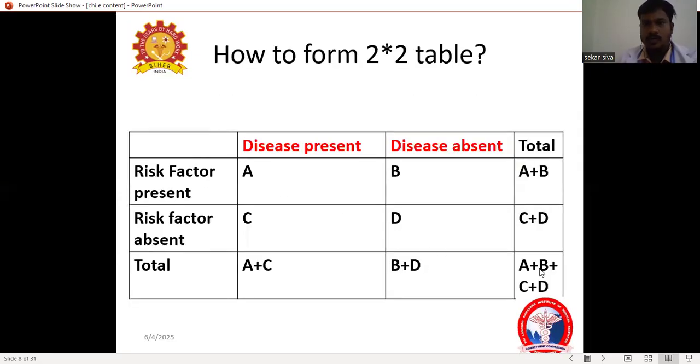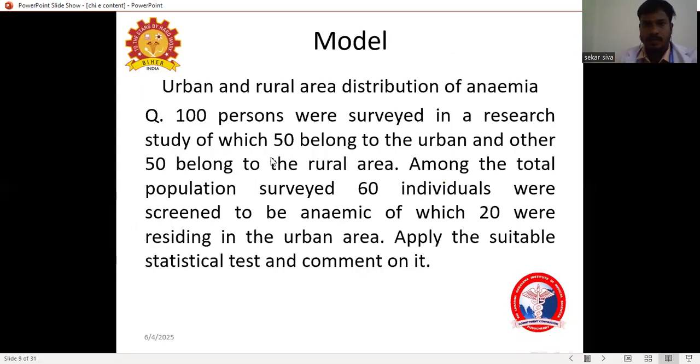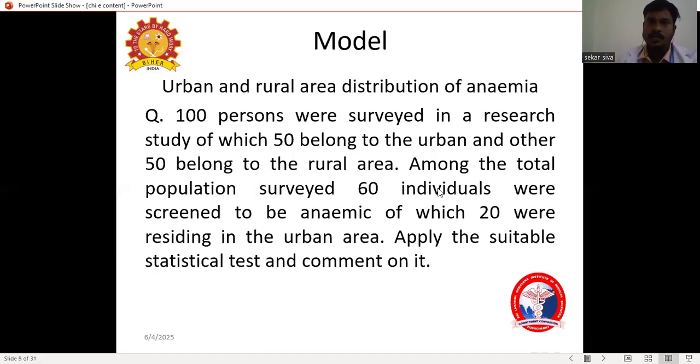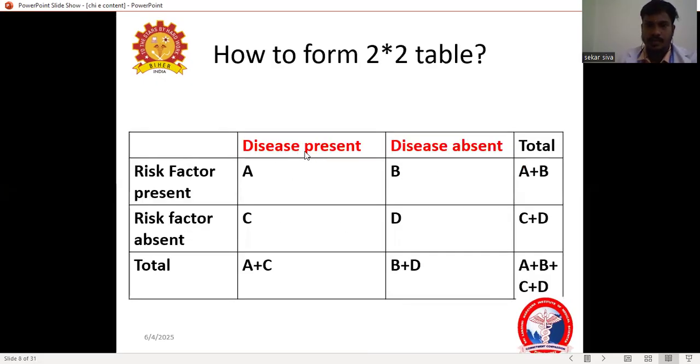So the grand total will be 100 and the urban and rural are 50-50. Among the total population surveyed, 60 individuals were screened to be anemic. So here is anemic. Here 60 will be here.